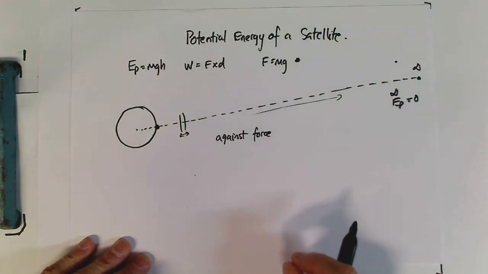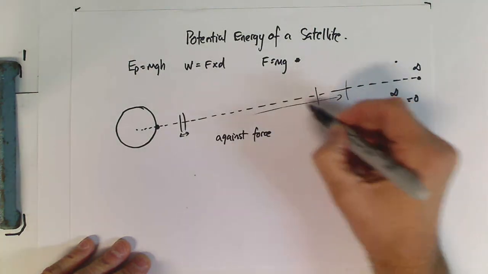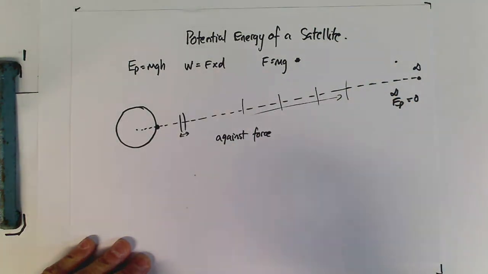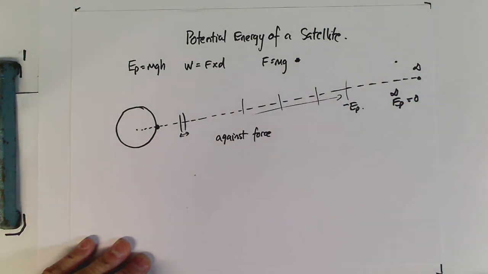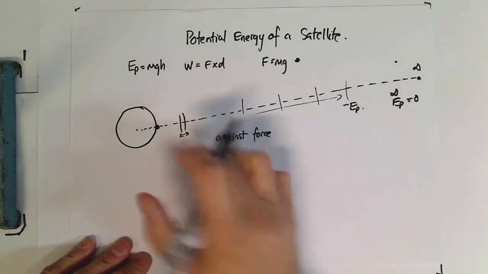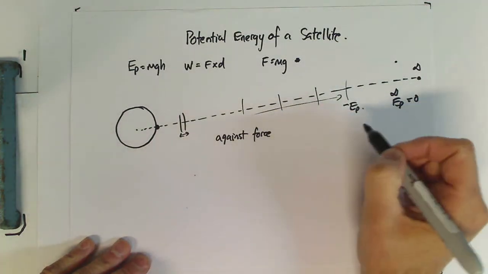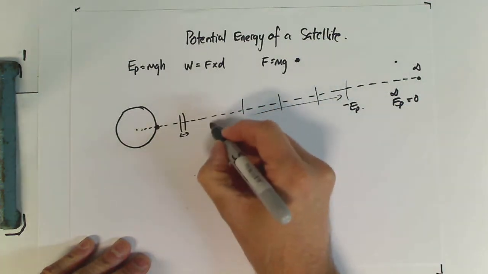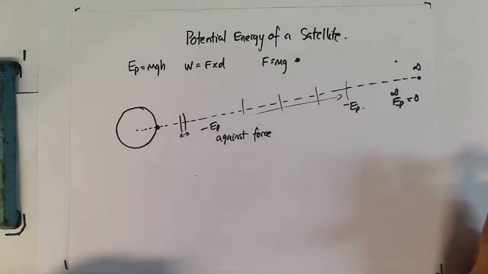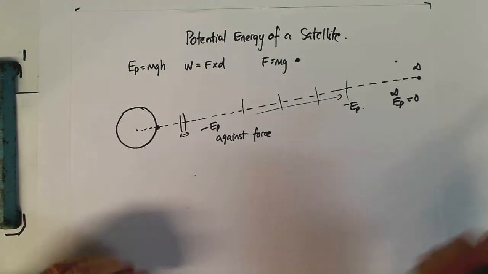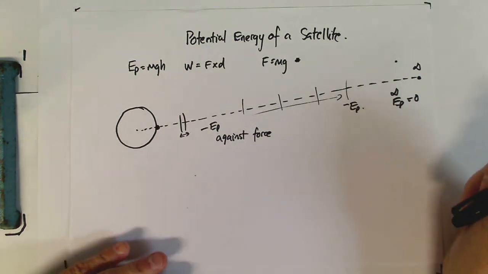If we say that, and that's like the most potential energy you can have, then all these other places must be negative potential energy. So these are all going to be negative EPs, right? And as you get closer and closer, the EPs are getting smaller and smaller. So the EP down here will be negative, but it's going to be smaller than the EP up here, in terms of our negative, if you like.